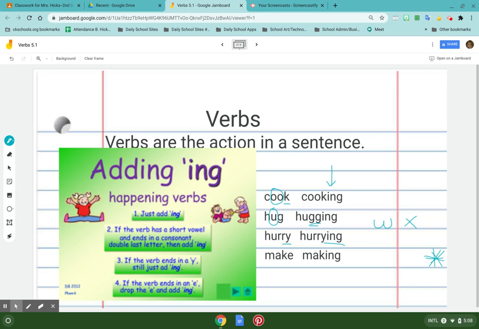If the verb ends in an E that is silent, you drop the E and add ing. And those are your rules for adding the ing suffix to a verb.